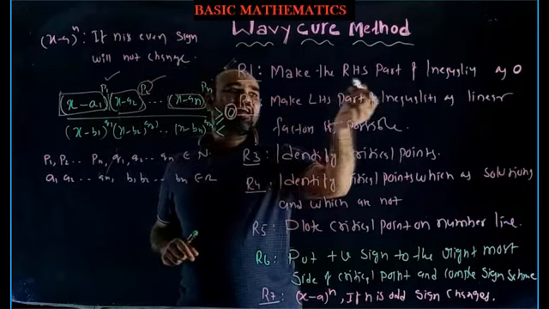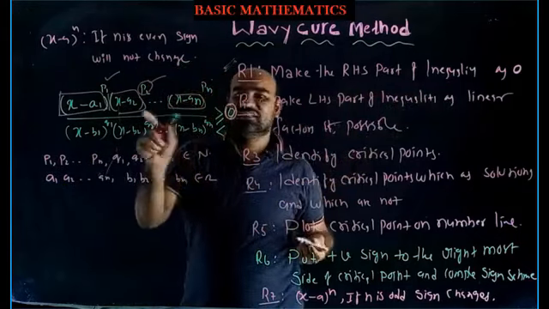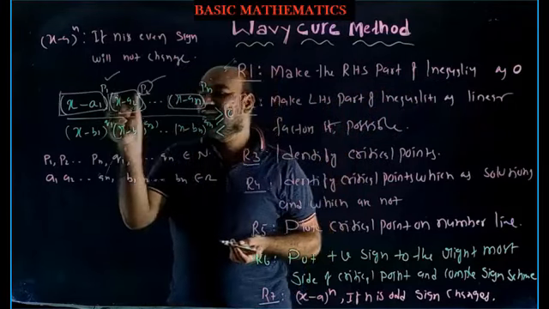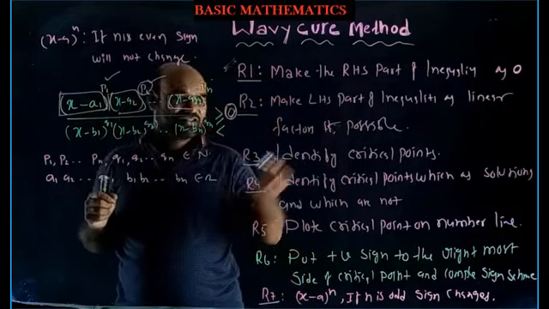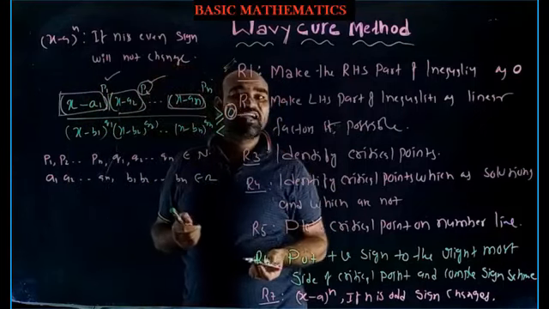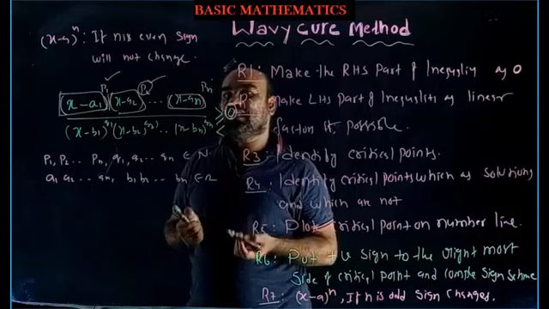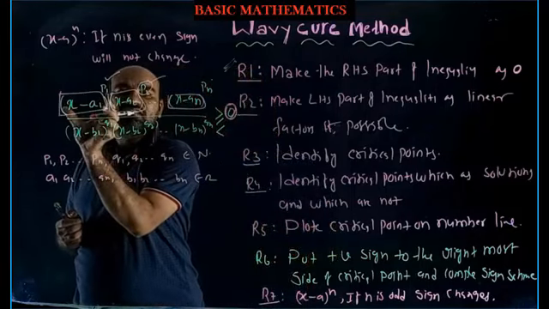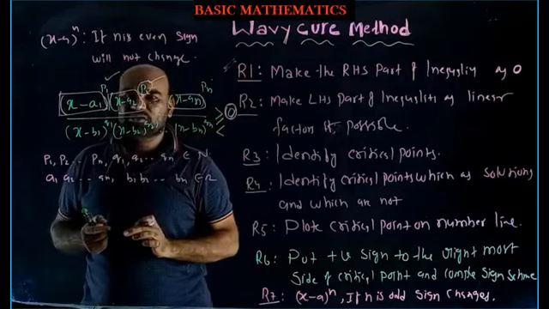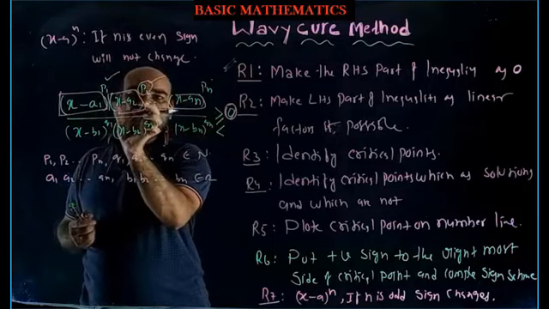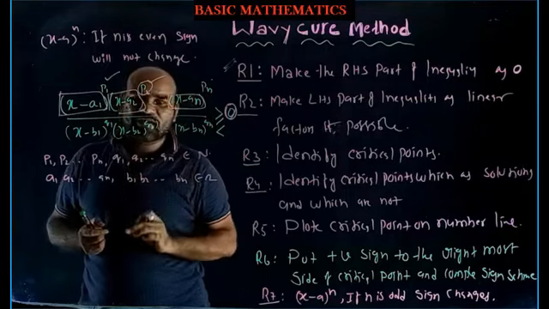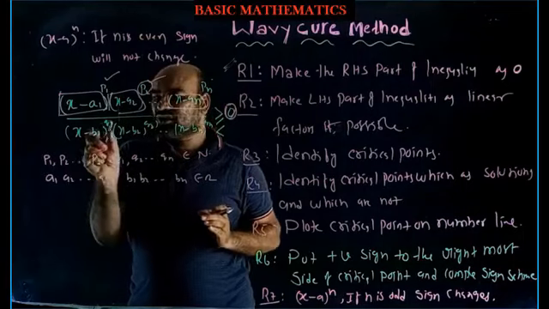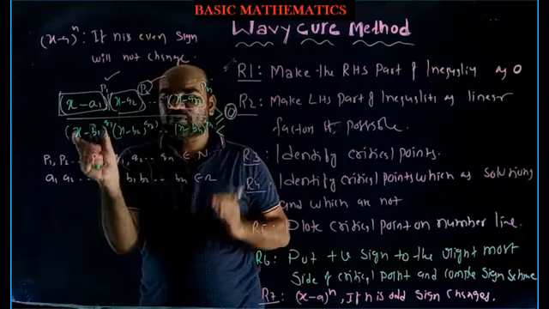So make the RHS part of the inequality 0. The second part is to make the LHS part of the inequality into linear factors, meaning linear factors with any exponent, if possible. Then identify the critical points. First of all, I want to explain what critical points are. The values of x for which this bracket becomes 0 are called critical points of this LHS expression.